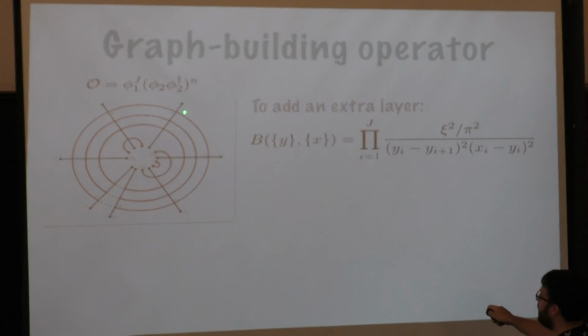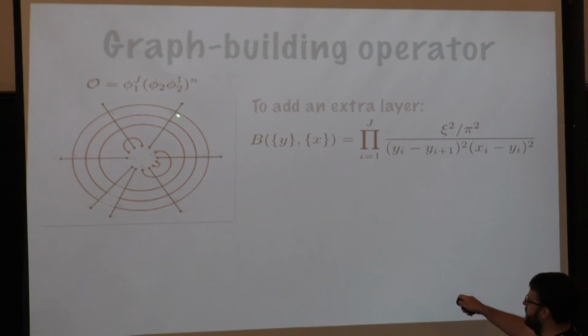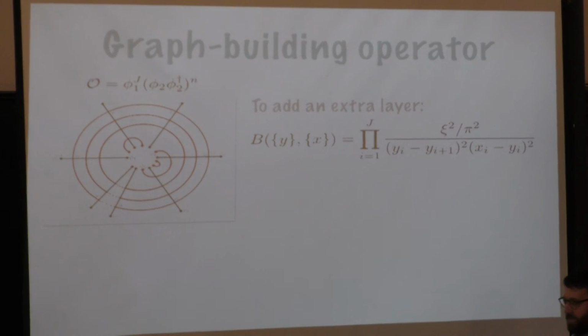So x minus y are these little propagators going outside, and y minus y are these links connecting this. When you multiply your diagram by this B, it will just add an extra ring of red and extra things going out, the black ones. And then you have to integrate in coordinate space over the new vertices. That's how the operator acts.